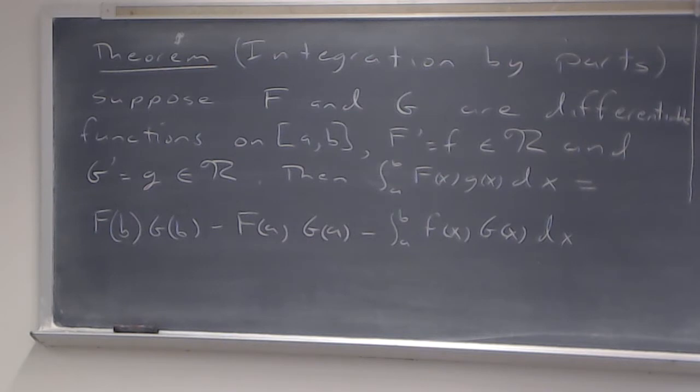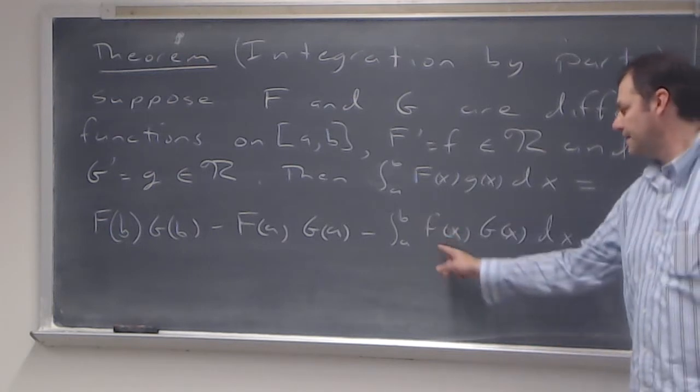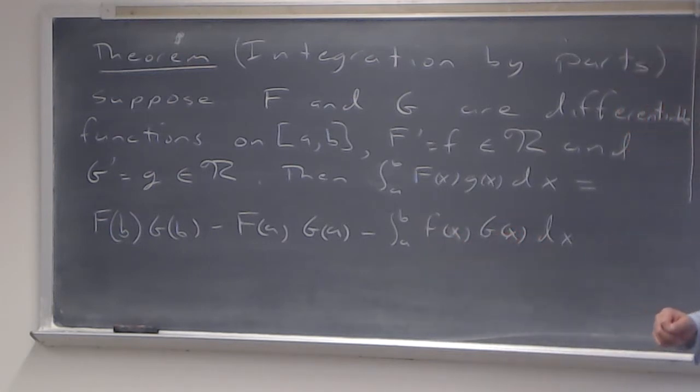Then the Riemann integral from a to b of big F times little g will be equal to big F evaluated at b times big G evaluated at b, minus big F evaluated at a times big G evaluated at a, minus the integral from a to b of little f times big G.